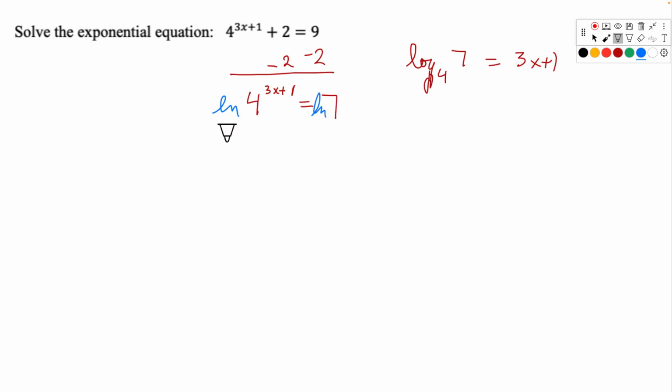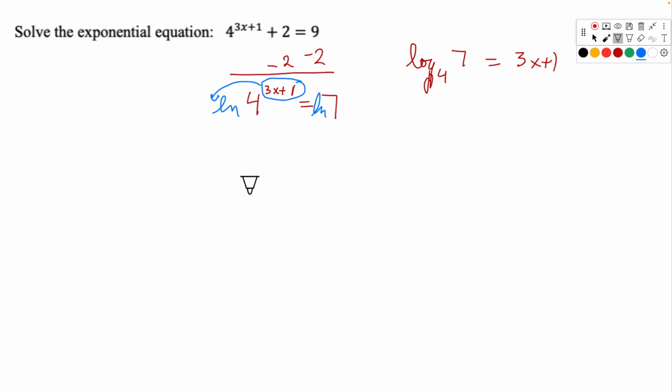And if we have a logarithm of something to an exponent, what do we get to do with that exponent? So this is a property of logarithms. We're actually able to bring this down here. Again, either way, the log dance is kind of what I like.